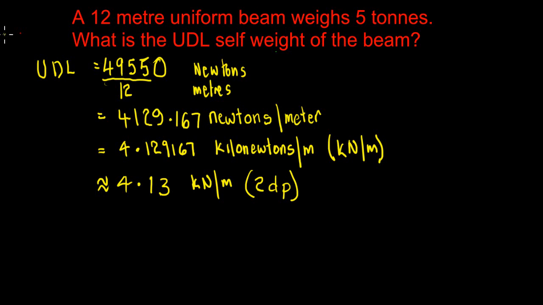That's a lot of decimals, and we don't really need it, so that's approximately equal to 4.13 kilonewtons per meter, to 2 decimal places. So this is where we have the first scenario, where we have the length and weight of the beam.